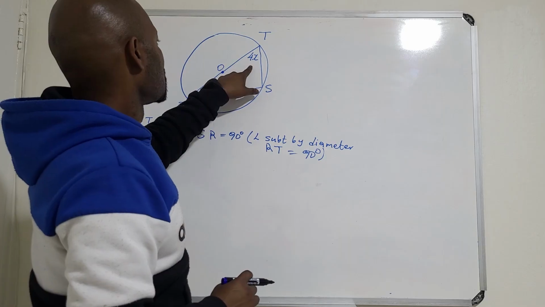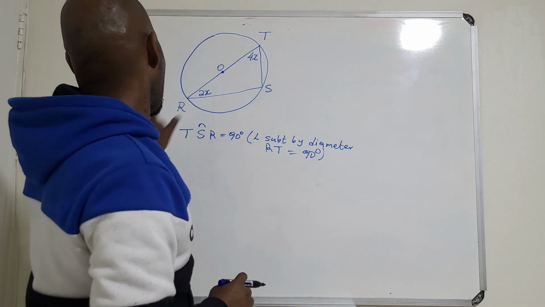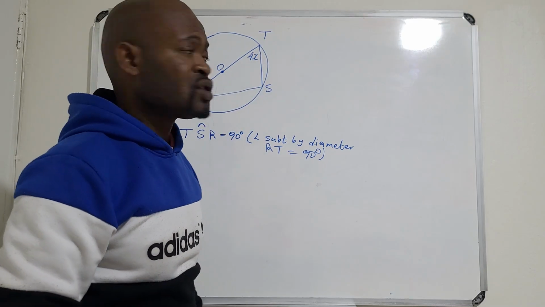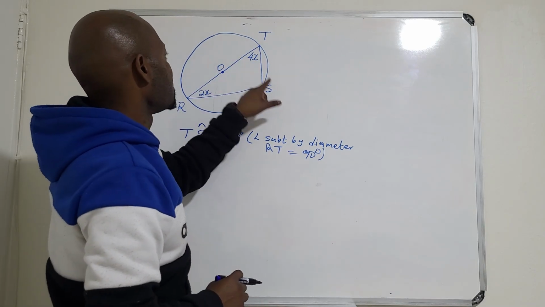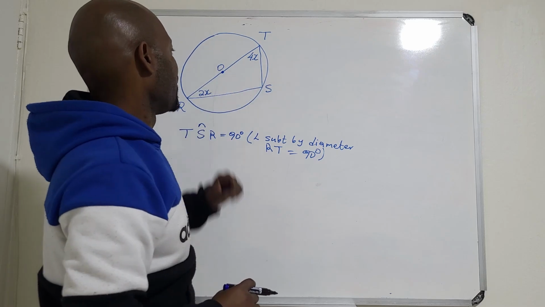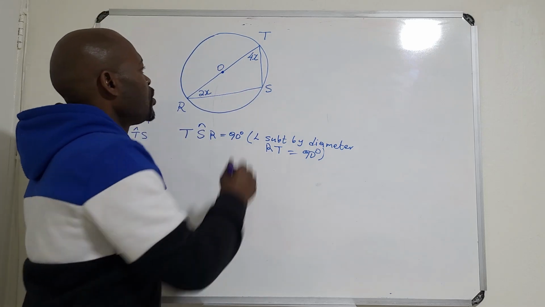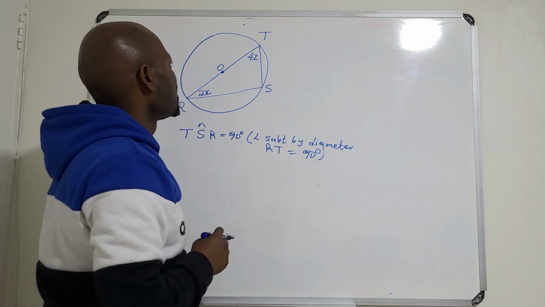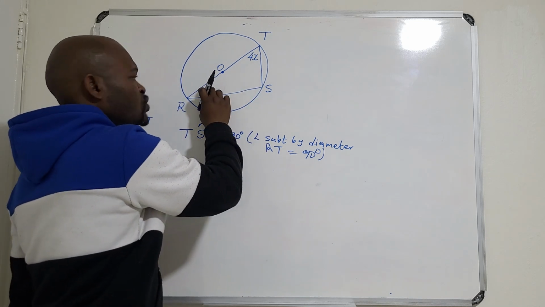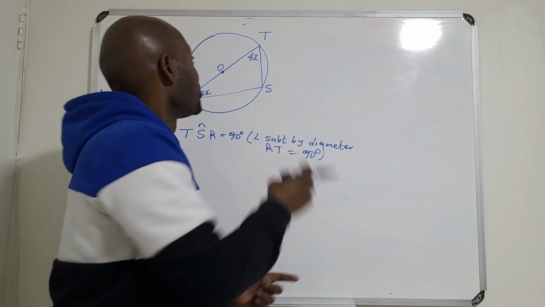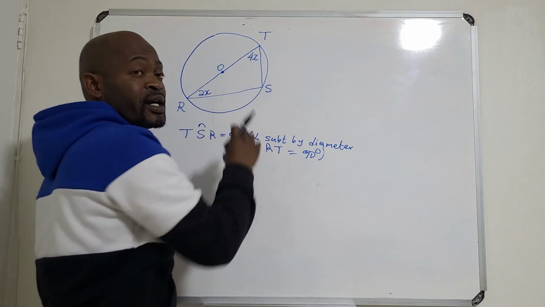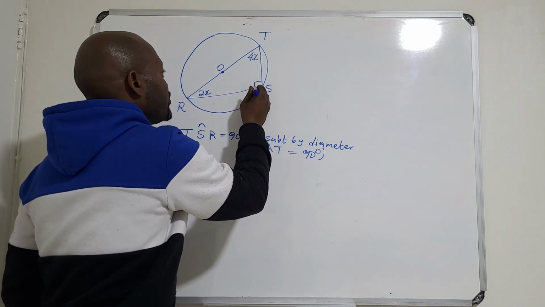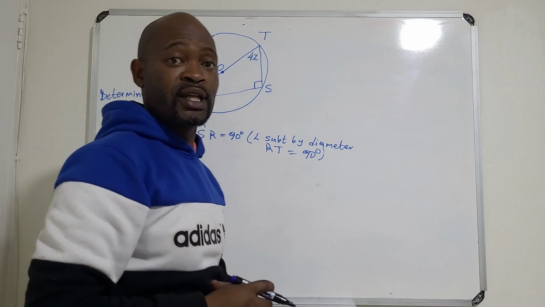Now we want to find angle RTS, which is 4x there. We know that this is 90 degrees. Therefore, when we add this plus this, we must also get 90 degrees, because the sum of angles on a triangle is 180 degrees. We know that this is 90 degrees, we put it there.